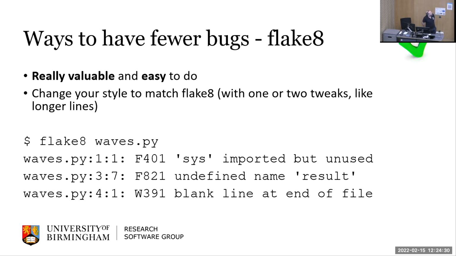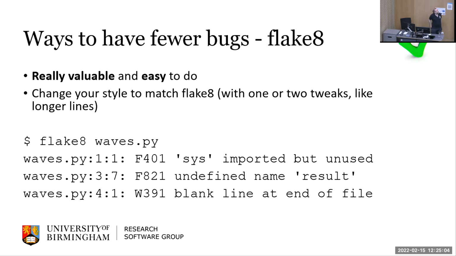That one has saved me lots of time, several times in my career, because it finds the thing in the rarely traveled code path where you just never managed to quite update that bit of code to match all of the rest of it. And the variable that you used to define in a global scope that now is defined somewhere down in an if block is no longer there for this rarely traveled bit of code. Flake8 will find that straight away. It will say, well, there is no thing there in scope called result. And you found a bug straight away.